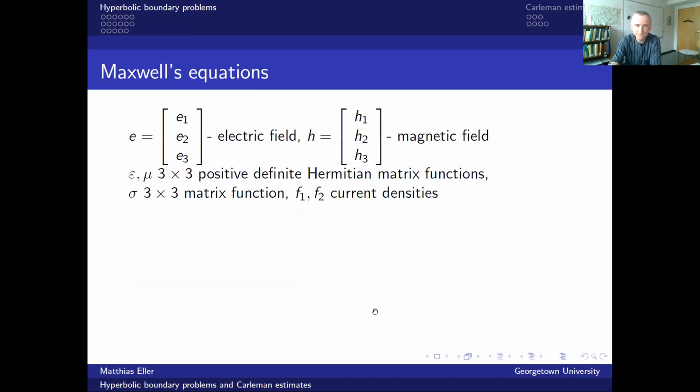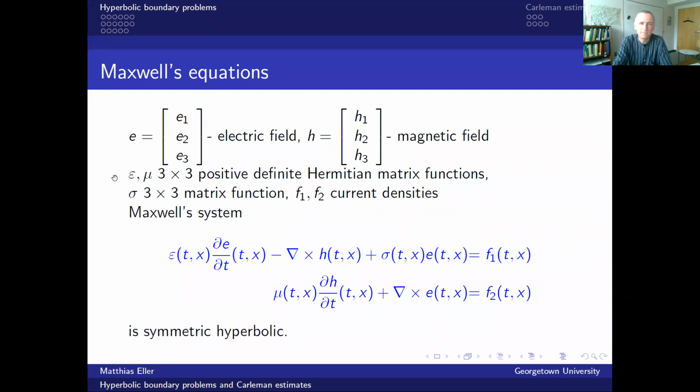Okay, an example for this. Maxwell's equations are the nicest example I feel for hyperbolic systems of first order, because it's truly a first order system. And it shows also a little bit what's going on, because it is symmetric, because usually in classical physics, at least, the parameters, the epsilon and the mu, the electric permittivity and magnetic permeability, are assumed to be positive definite, real symmetric matrix functions.